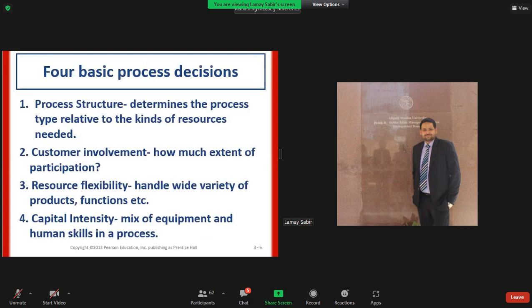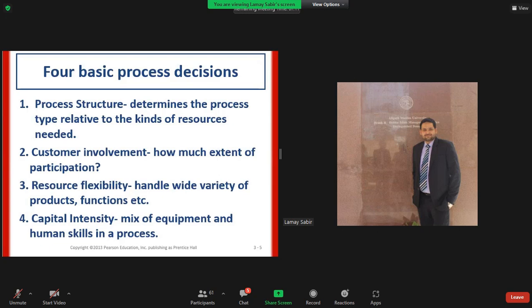The first is the process structure. Second is customer involvement. Third is resource flexibility. And the fourth is capital intensity. If you are designing a strategy for your process, these are the four basic decisions included.